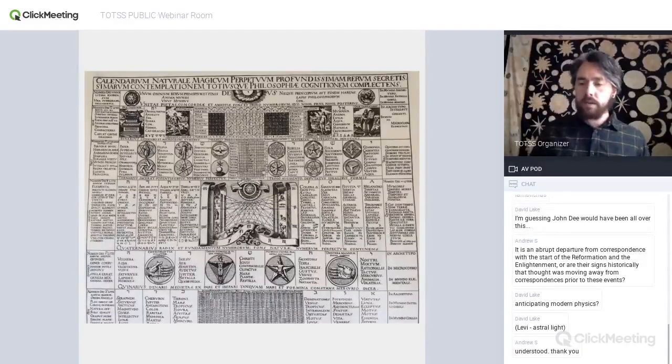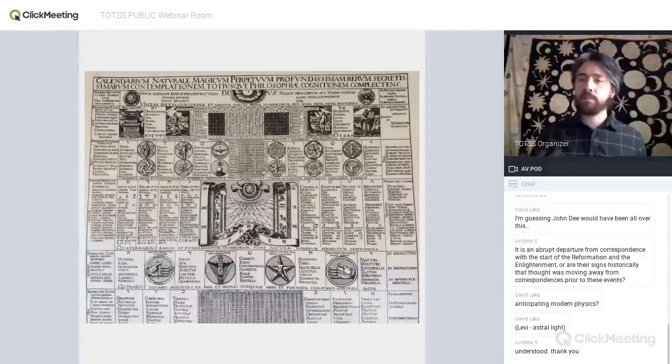So, talking a little bit about how correspondence ends up getting picked up in some of the occult revivals in the 19th century. The idea of correspondence actually becomes quite popular in the 19th century, probably through the influence of Romanticism and other traditions, especially in the art world and in poetry.